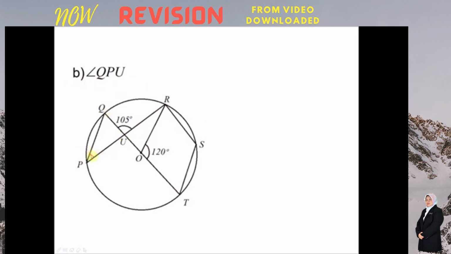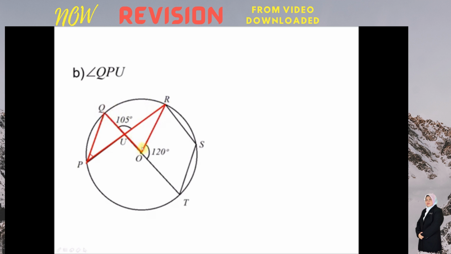Next question, QPU. This time we are looking for this angle here, QPU. You can see that this angle here is subtended by the minor arc QR. And from this same arc, there is another angle here.